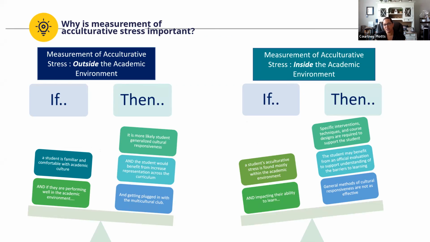You can do that with the exception of, if that stress is coming from outside the academic environment, that could be very offensive to a student of color in your class, because what they're going to say is, do you think I'm dumb? Do you think I don't understand what needs to be done academically? That acculturative stress is not in the academic environment. It's in the social environment or the greater environment at large.